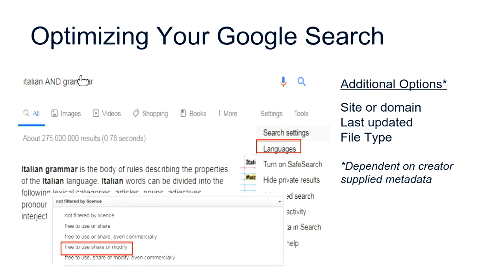What I want to do is go to the settings button, and within the settings button, there's advanced search. Once you've selected that, the advanced search allows you to select the type of license that you want when you're searching using Google. You can say that you want to search for only content that's free to use, share, or modify. If you select that, it will narrow down your search significantly.